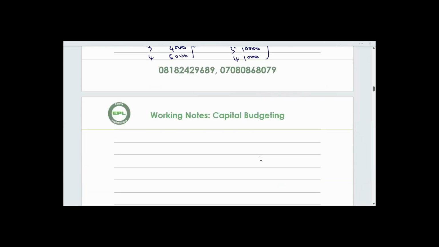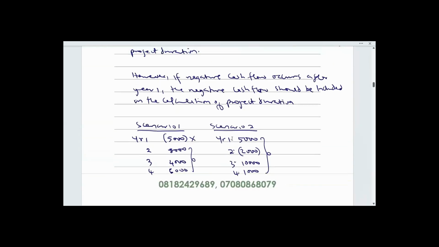Okay. So calculating project duration using the present value method. Which one did I mention first?